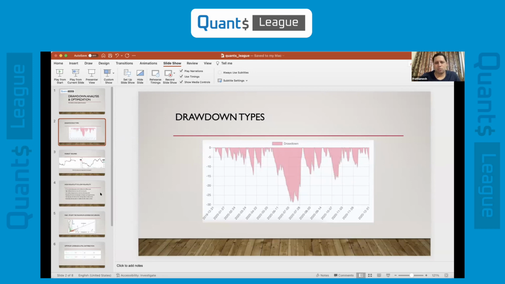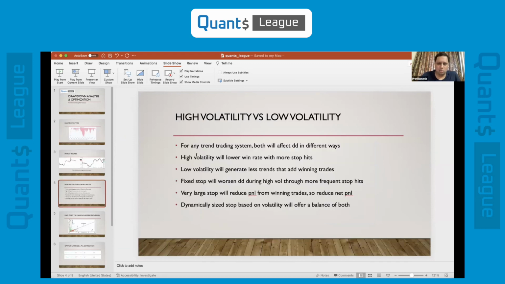So instead of a 40-point stop, what you needed was a 100-point or maybe 150-point stop. Of course, if you keep the same position size, then your risk will be much bigger, so you need to cut down on the position size instead. So if you have high vol, your win rate is bound to drop, but for a different reason, which is that your stops get hit more often.